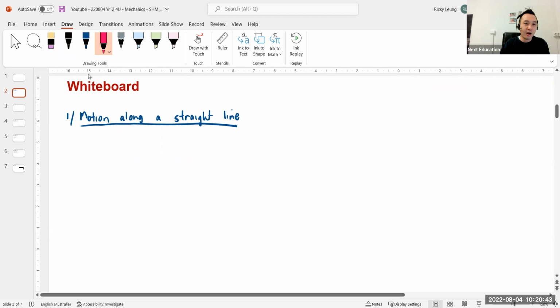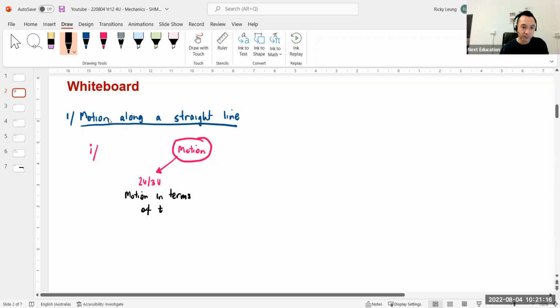Now, if your school or teacher hasn't described to you the difference for motion along a straight line between the 2-unit and 3-unit syllabus, they're missing something. Broadly, for the 2-unit and 3-unit syllabus, especially in Year 11 rates of change, this is motion with formulas in terms of t, expressed as functions of t, in time.